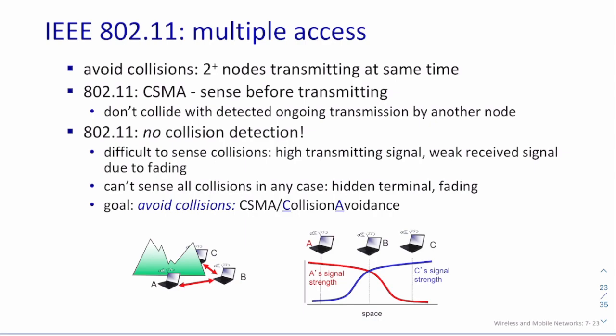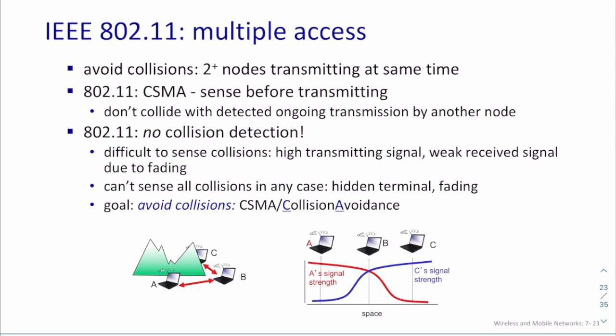Unlike Ethernet, in the Wi-Fi environment we have a hidden terminal problem, right? So A can talk to B and C can talk to B, but A and C cannot sense the signal mutually. Okay, so we have the hidden terminal problem.